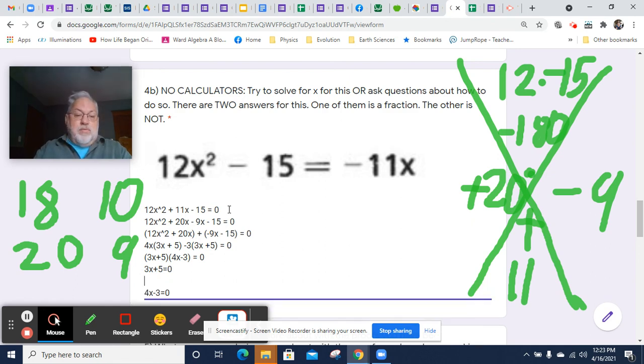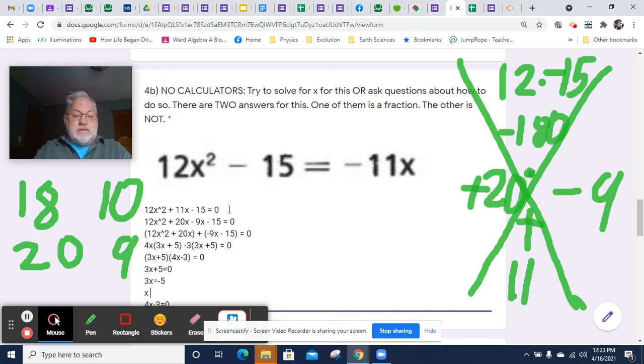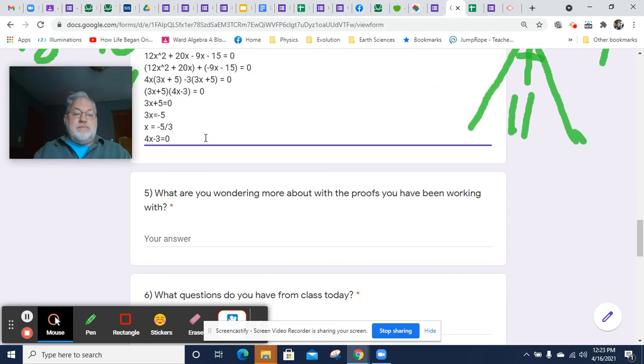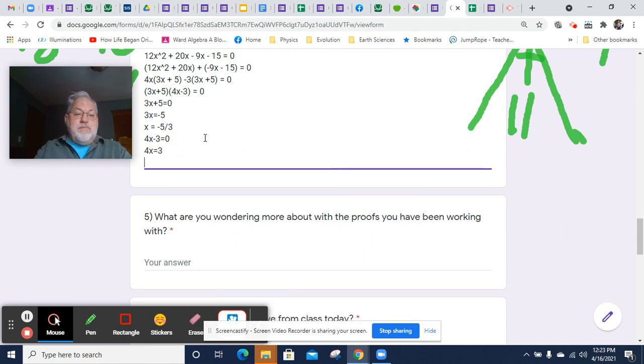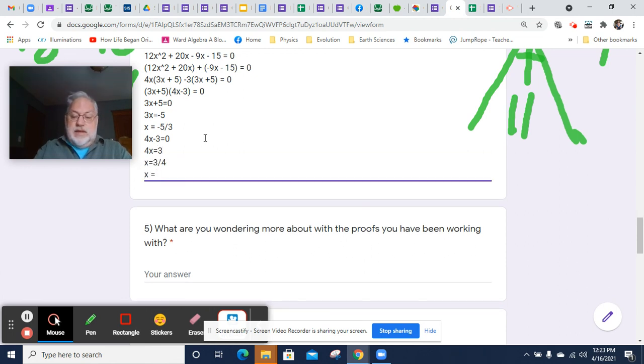That's going to end up with 3x equals negative 5 and x equals negative 5/3. Scroll down a little so we can get the rest of it. This one, I'll get 4x equals 3 and x equals 3/4. So x equals negative 5/3 and x equals 3/4. And we're done.